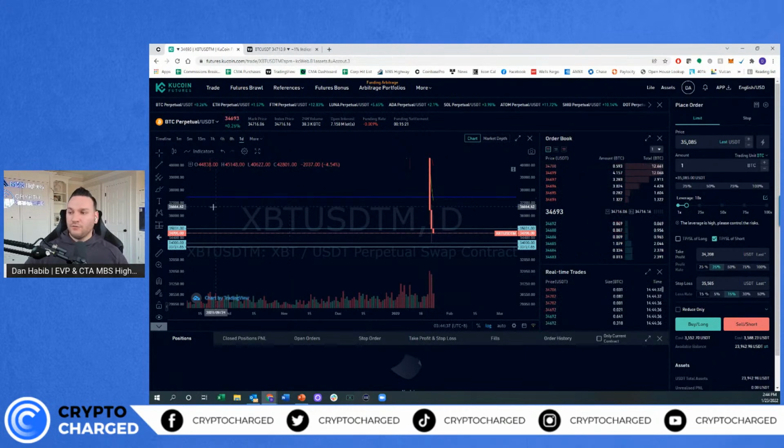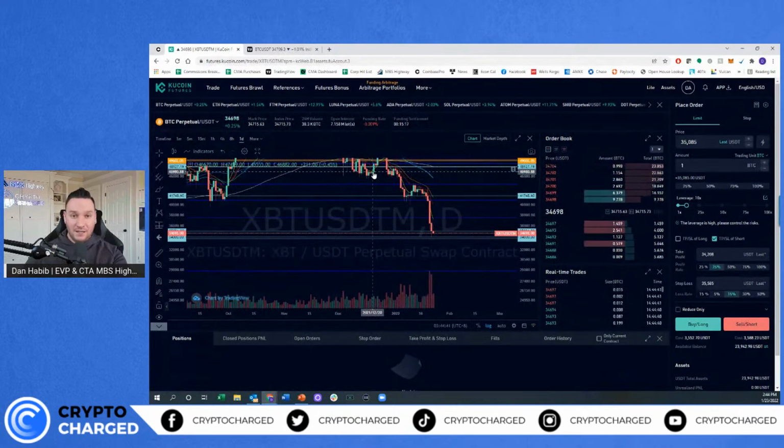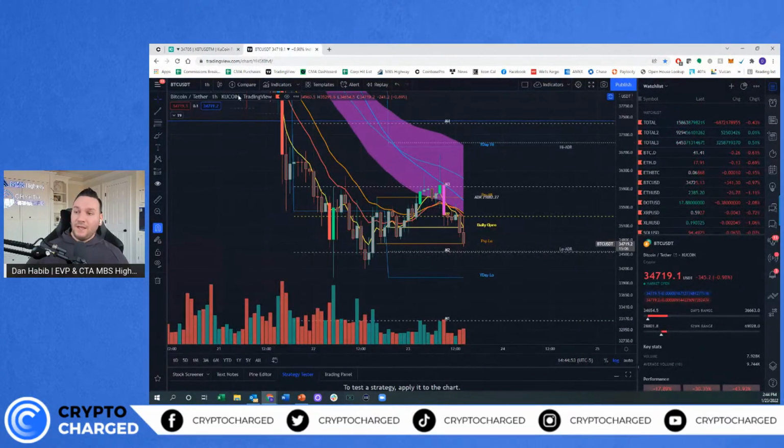Now, if you're drawing your own charts, which, by the way, I would recommend you draw the charts in here in KuCoin. The reason being, well, remember, we can't pull up on our TradingView the perpetual contract for USDT on KuCoin. The closest thing I can pull up would be the BTC USD regular coin price, not the perpetual contract.